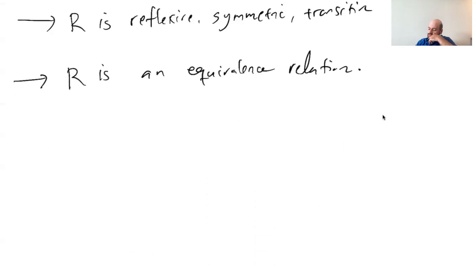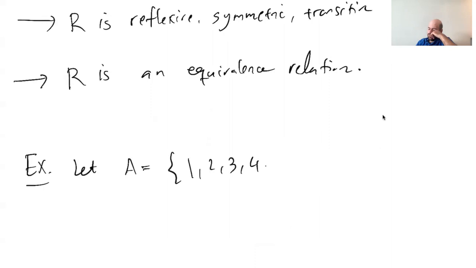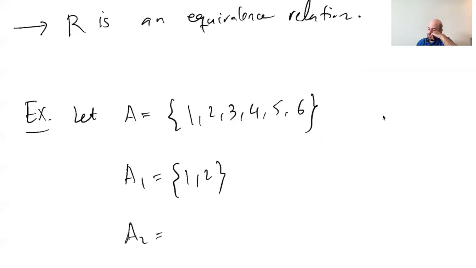So let's look at an example. Let A equals {1, 2, 3, 4, 5, 6}. Let's say A1 equals {1, 2}, A2 equals {3, 4, 5, 6}.